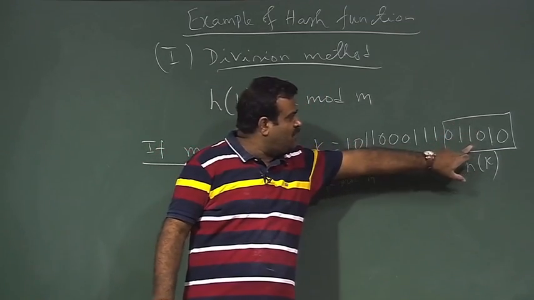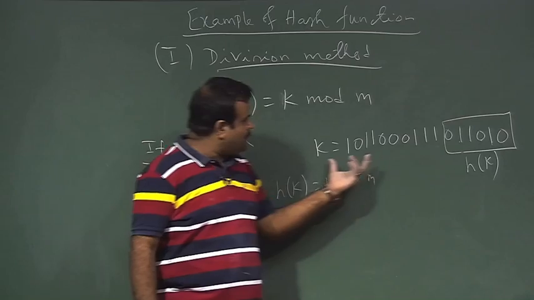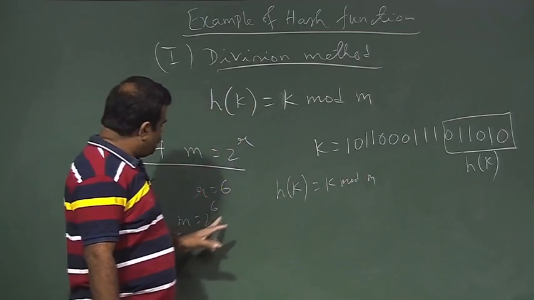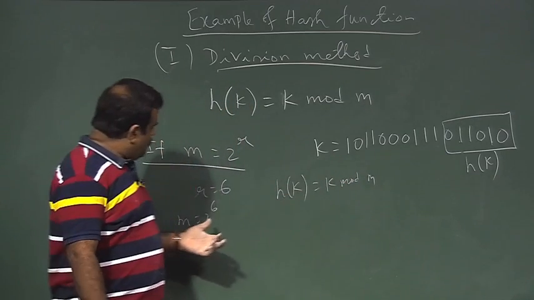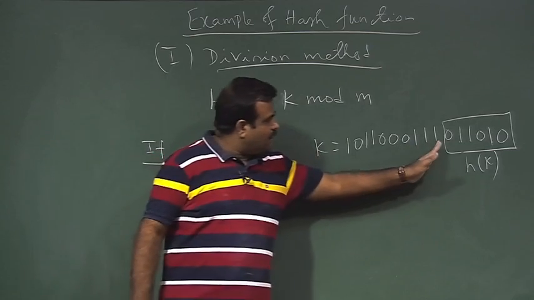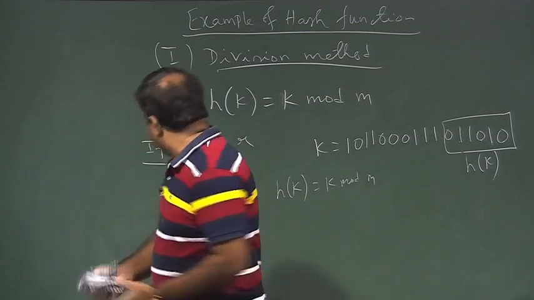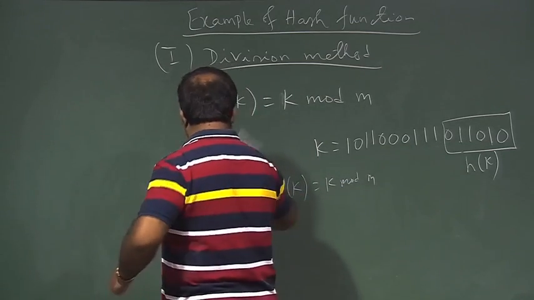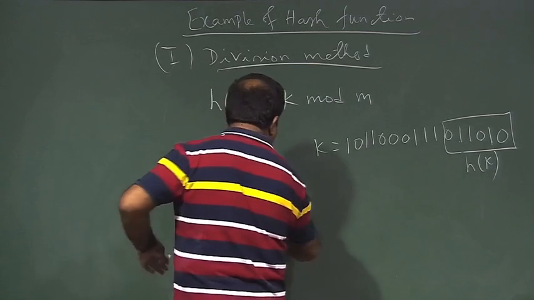Why is this happening? Because if we take the mod of 2 to the power r, we can just try to write this out.